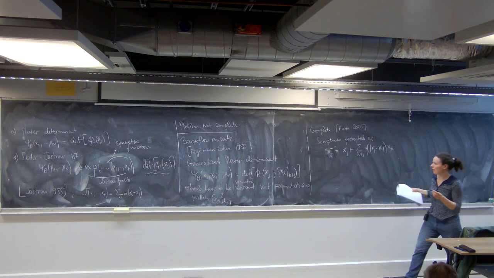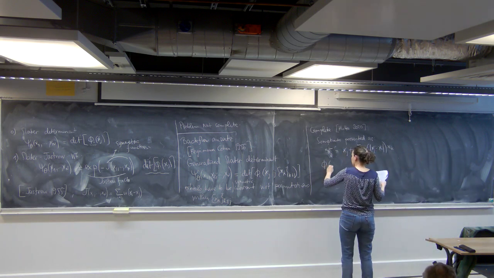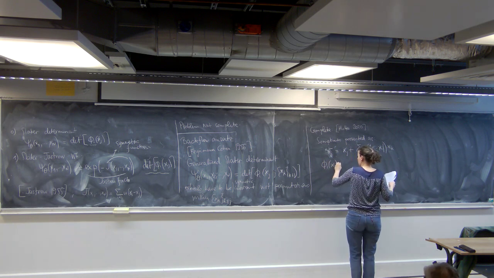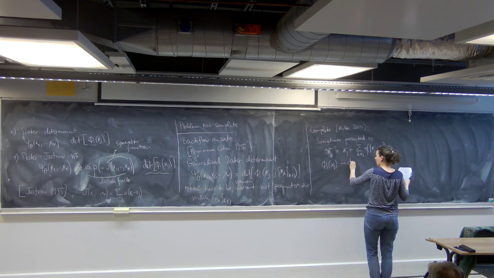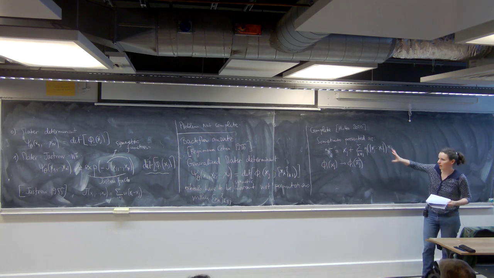And then you say that you replace the orbitals phi i of xj by phi i of xj bar. So this is an example of something that can be proposed.